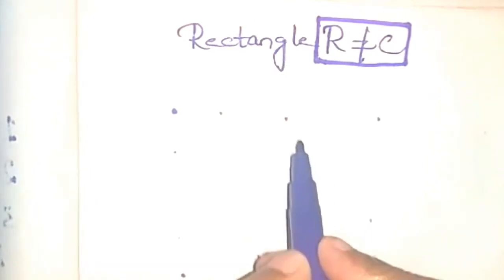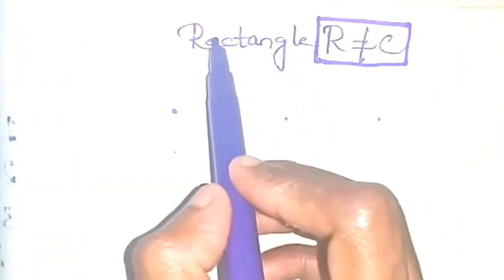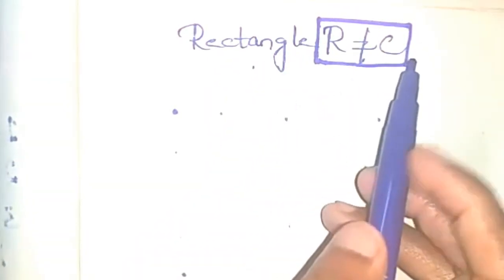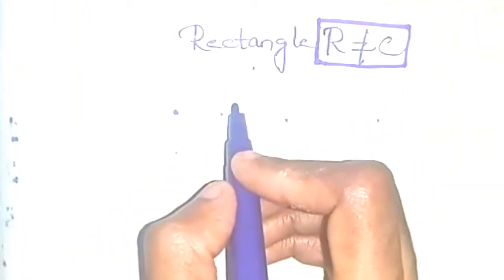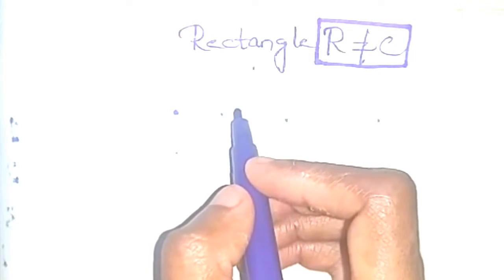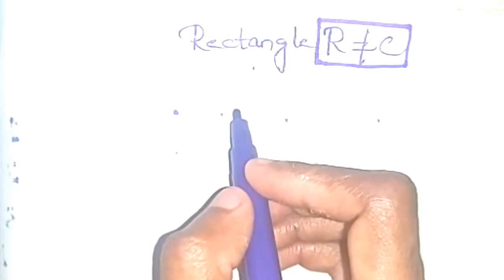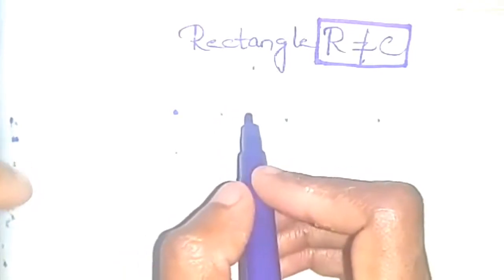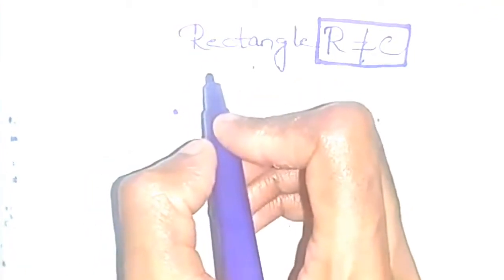Here is one more type of problem, that is, a rectangle when rows and columns are not equal. Previously we have seen a square when rows and columns are equal, a square when rows and columns are not equal, and a rectangle when rows and columns are equal, and now a rectangle when rows and columns are not equal.